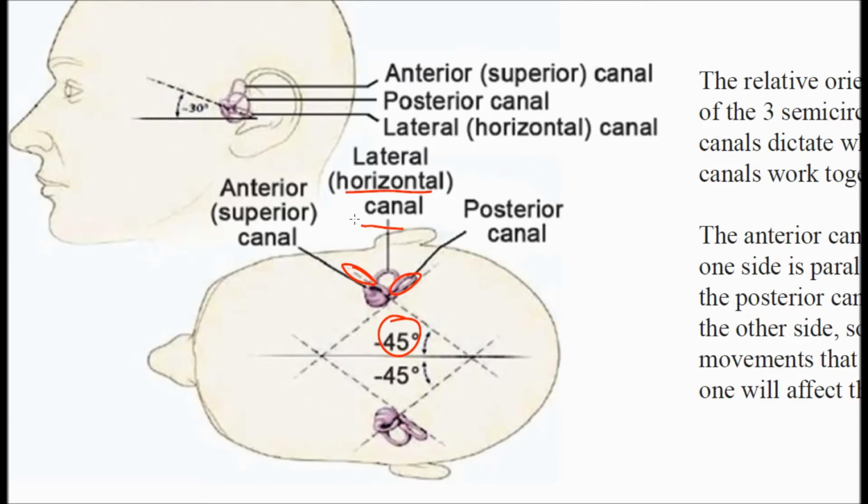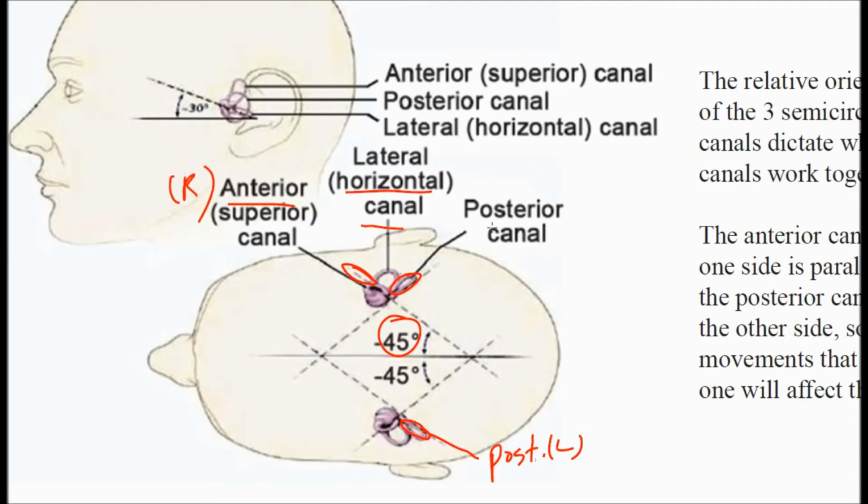That's the name, horizontal. You can also realize that anterior canal is in the same plane as the posterior canal on the left side. So this posterior canal on the left, and that's anterior canal on the right.